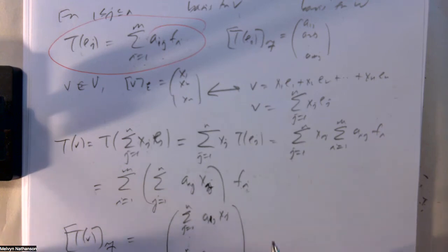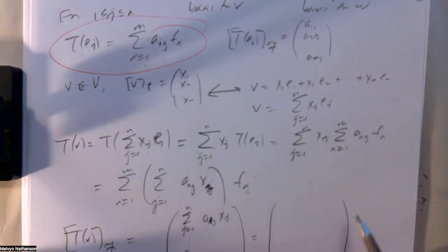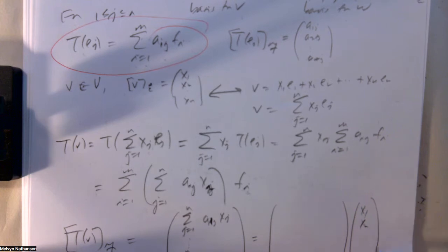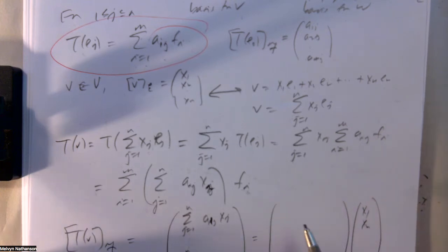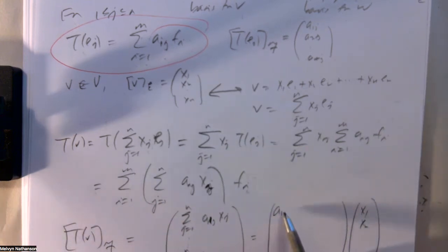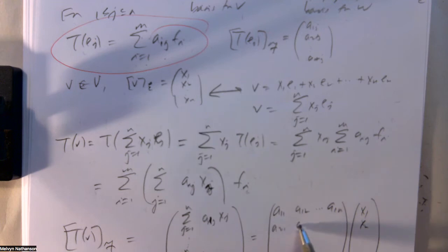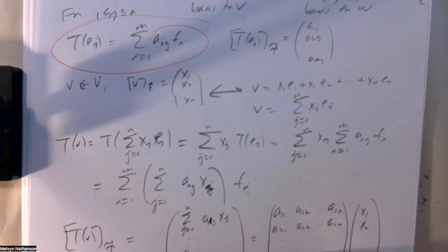What is that? Well, if you remember matrix multiplication, that's exactly what you get. You take the vector x1, x2 down to xn, and you multiply it by the matrix a11, a12 up to a1n, a21, a22 up to a2n, down to am1, am2, amn.